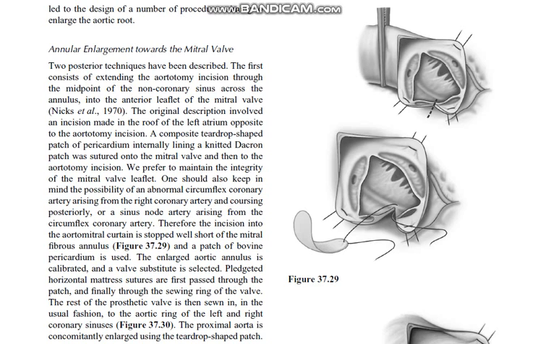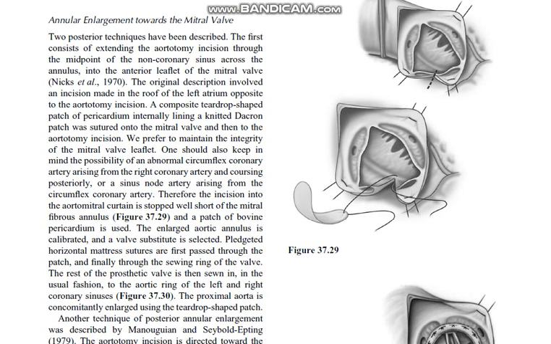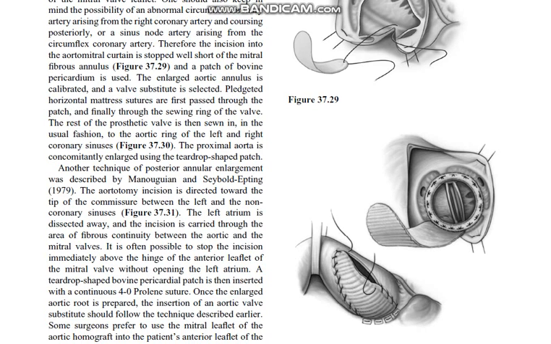Pleated horizontal mattress sutures are first passed through the patch and finally through the sewing ring of the valve. The rest of the prosthetic valve is then sewn in the usual fashion to the aortic ring of the left and right coronary sinuses. Now we are going to see how the aortic valve is implanted.